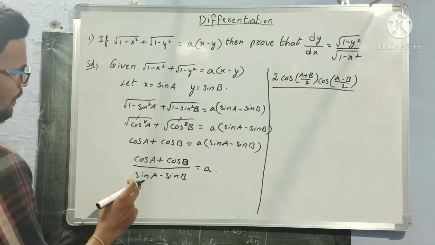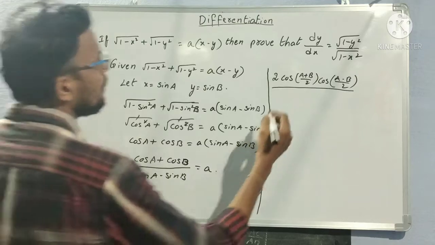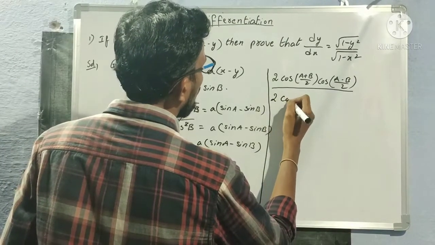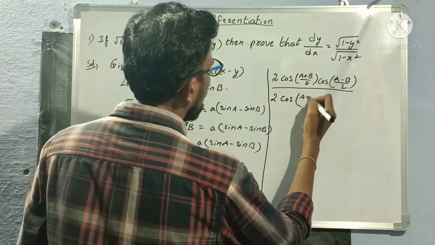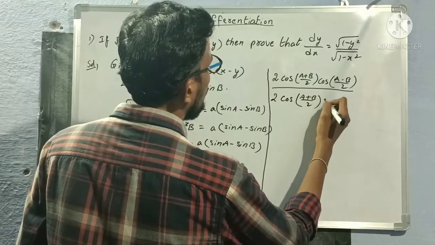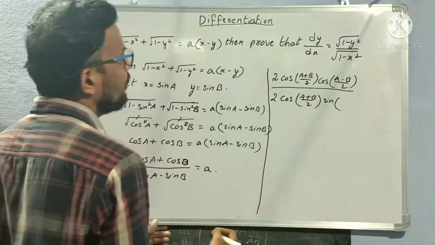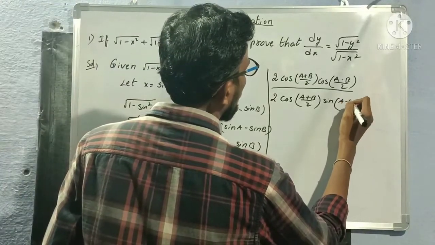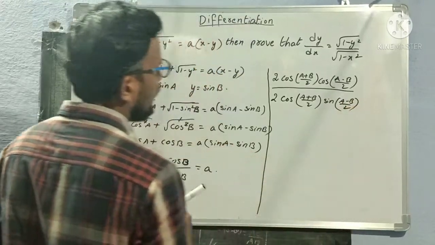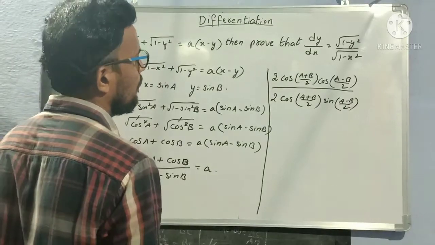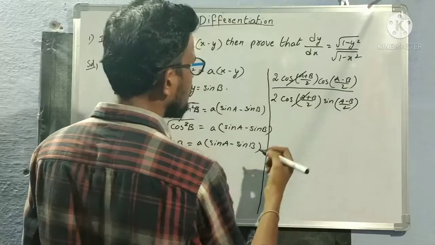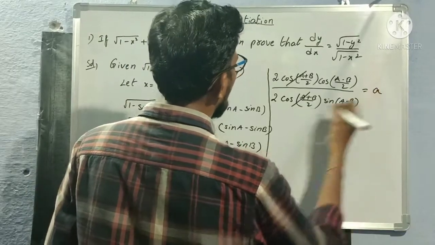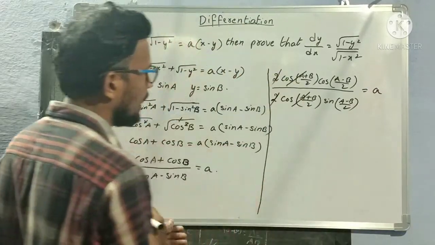But here it is sin C minus sin D, which is 2 cos of A plus B by 2 into sin of A minus B by 2. So cos of A plus B by 2 gets cancelled and 2 also gets cancelled.